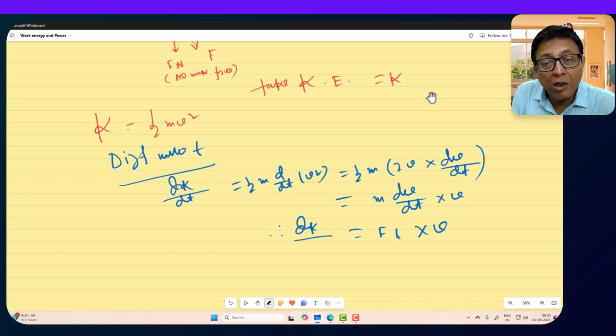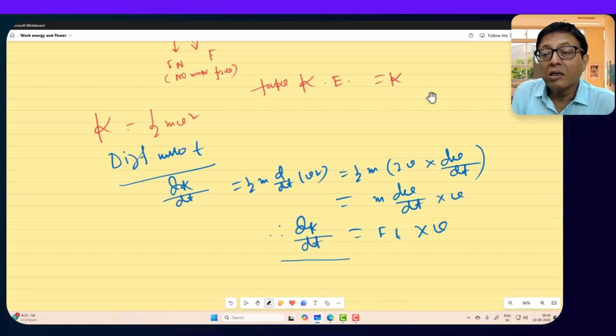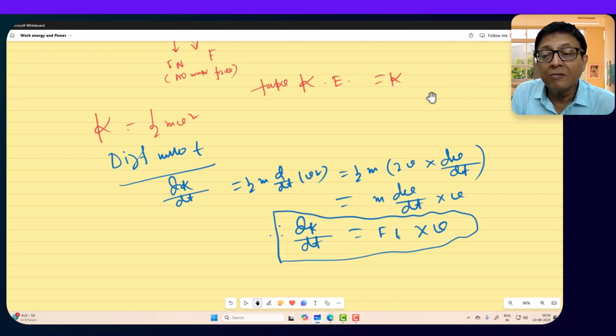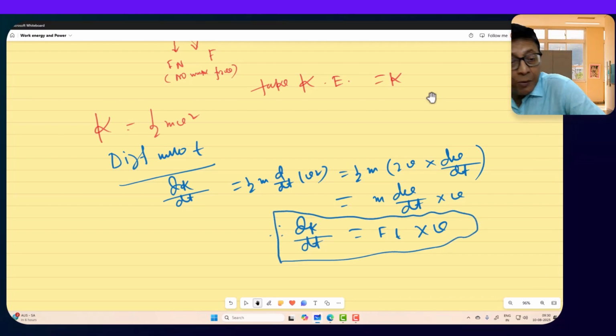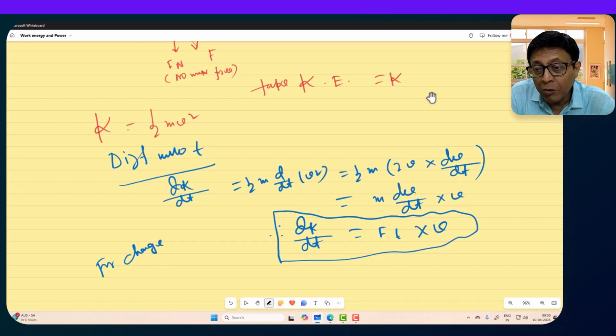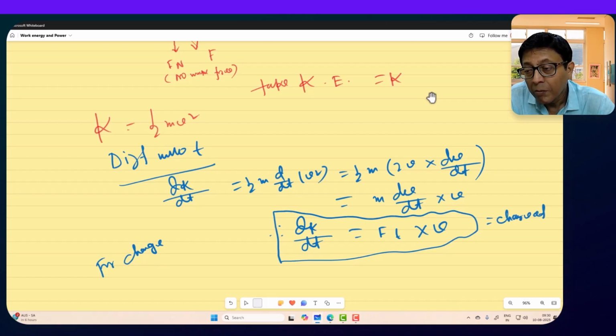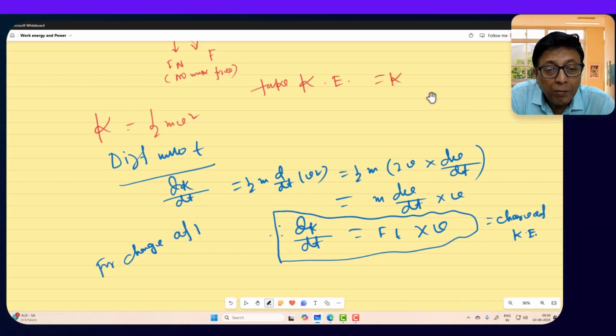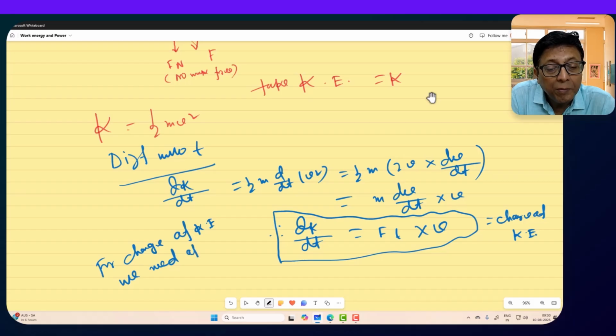So for change of kinetic energy, dK by dt stands for what? Change of K. For change of K, we need to apply a force.